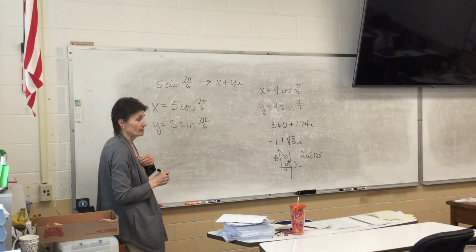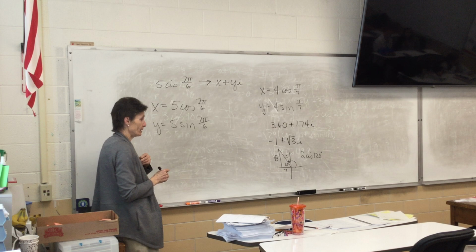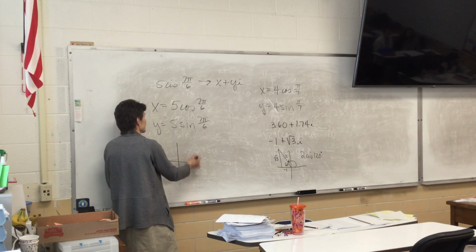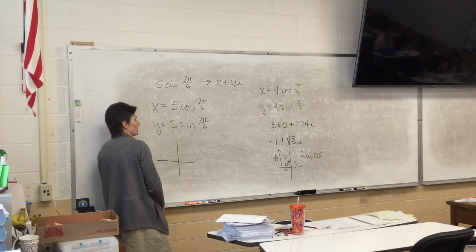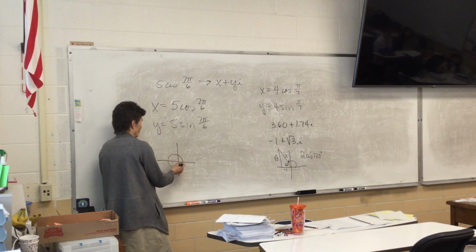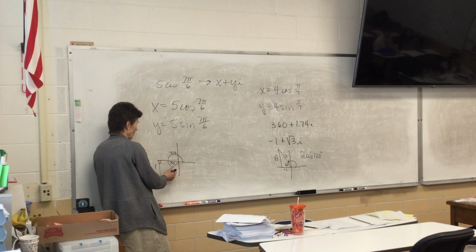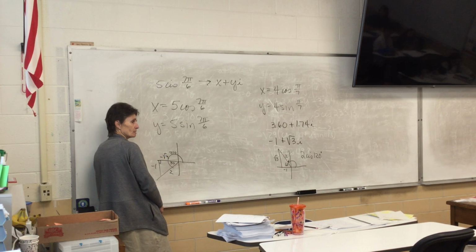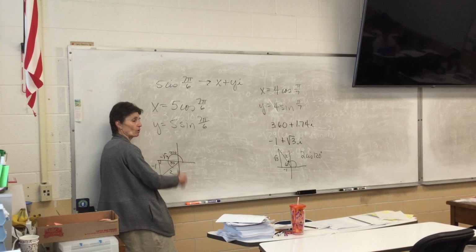Now this is no calculator. Okay, I think I can do it. What's 7 pi over 6 degree-wise? 210, which means the reference angle is 30, which means this is 1, 2, root 3, and both of these are negative? Everybody okay with that? Okay, we can never forget that. That's going to follow us for our whole lives.